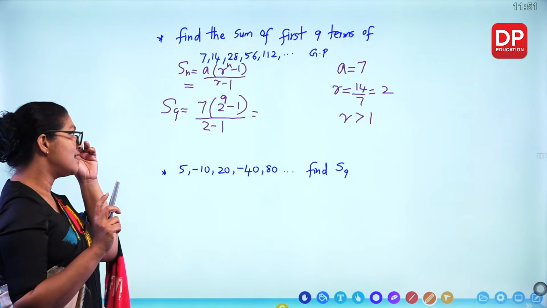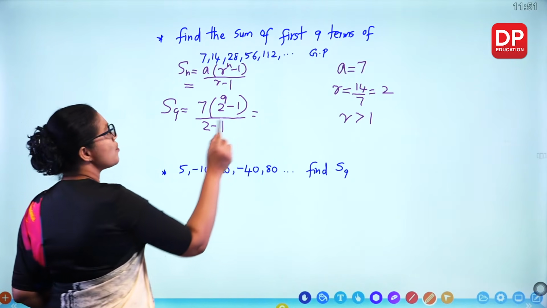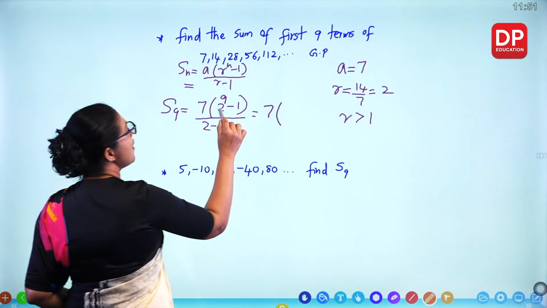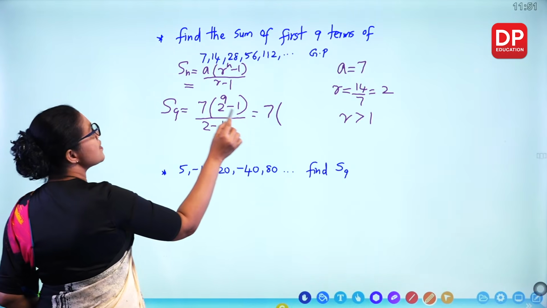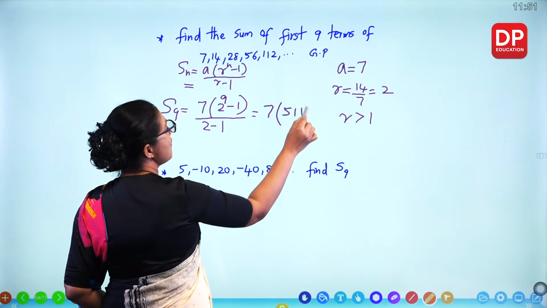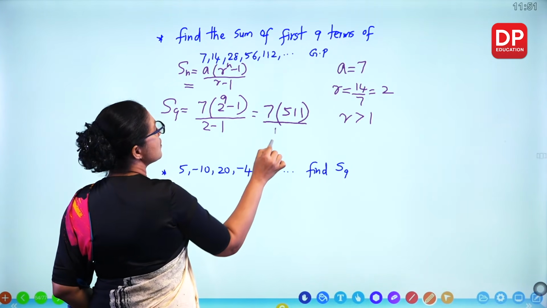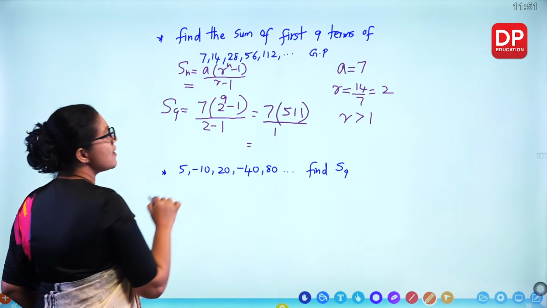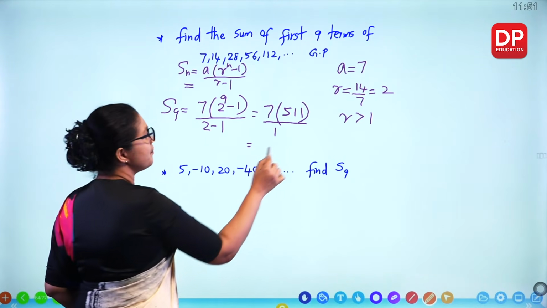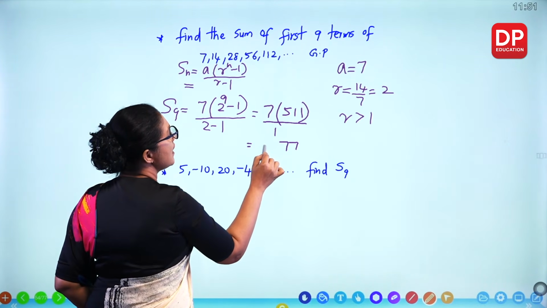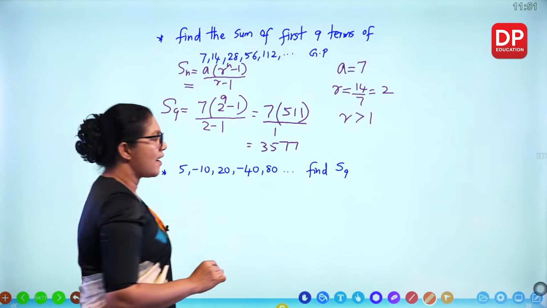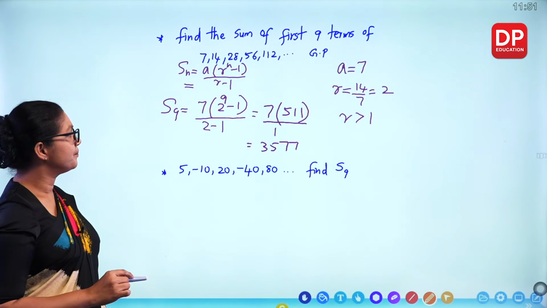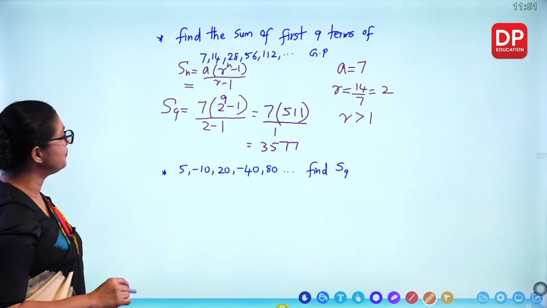We did that before, 512. So I can write 512 minus 1 is 511. So what's the answer? 7 times 511. I get 3577.